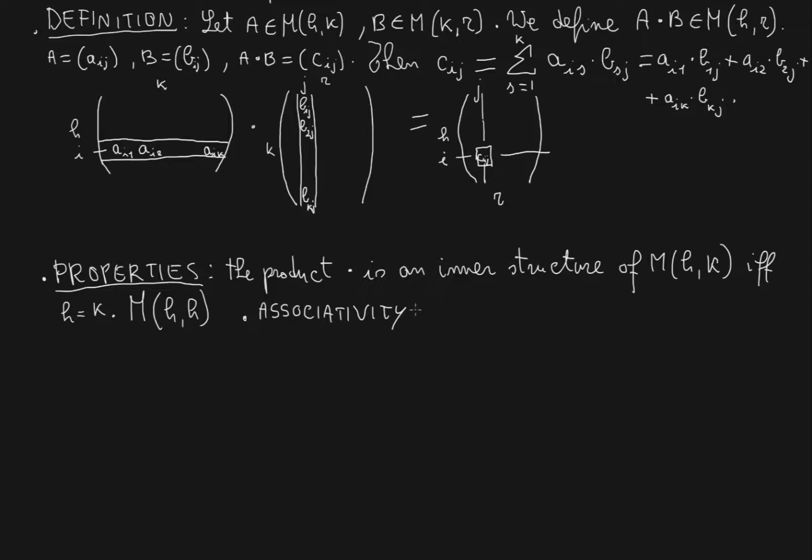Associativity in terms of products is stated as follows: is A times B, times C, equal to A multiplied by the product of B times C? The answer is, in this case, yes. The product is associative, so this property holds.